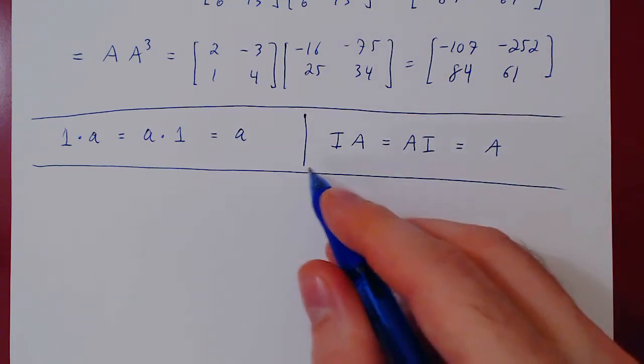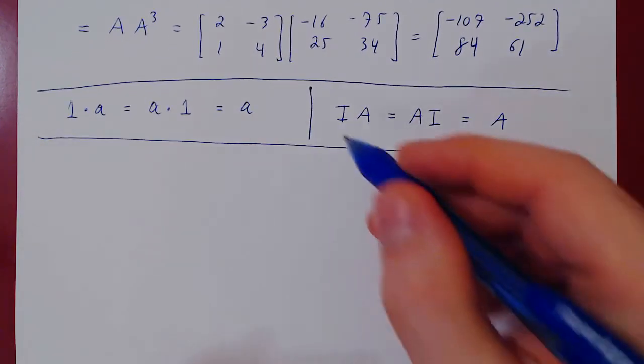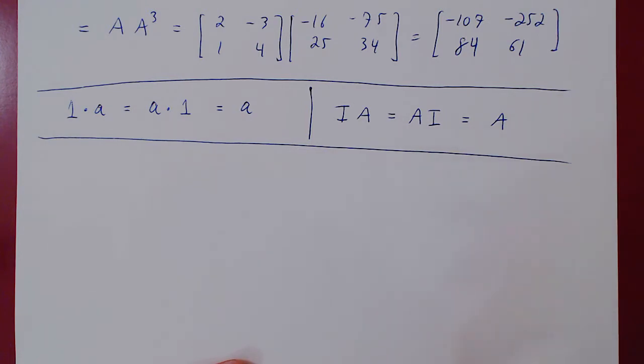The question is, well, what is this matrix? Well, I'll simply give it to you, show you a simple example, and I will leave the proof to later. This matrix will be called the identity matrix.